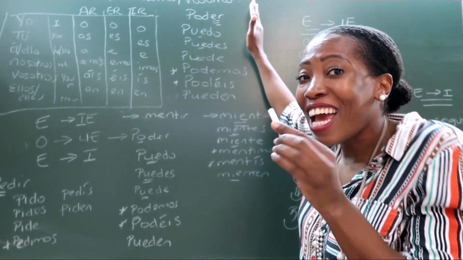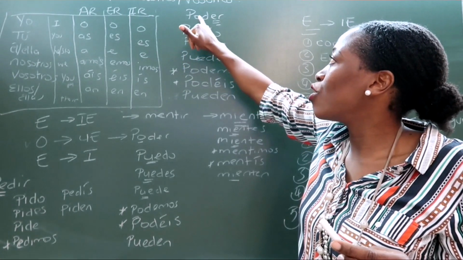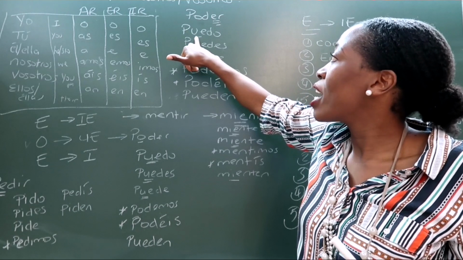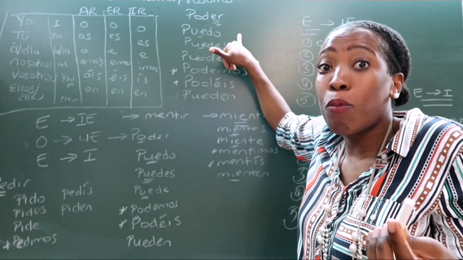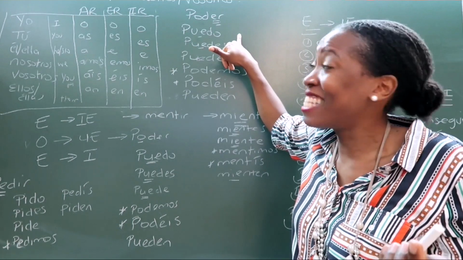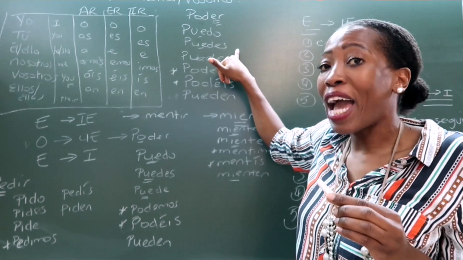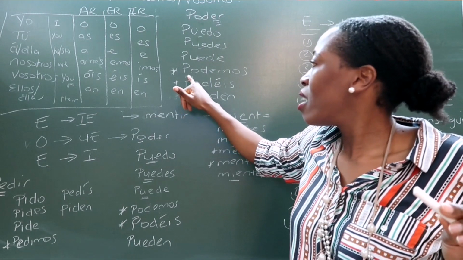But we know that a change happens here. We take away the O, and we add UE. So it becomes puedo, I can, instead of podo. That makes no sense. So, puedo, I can. Puedes, you can. Puede, he or she can.